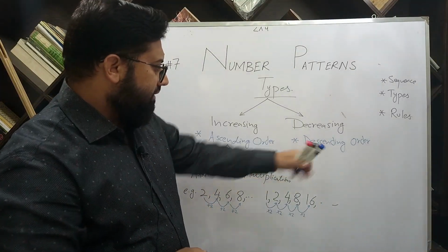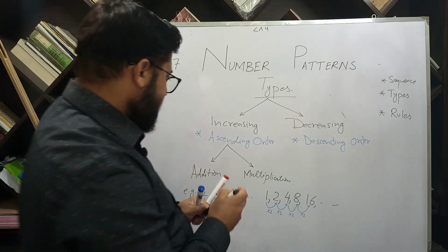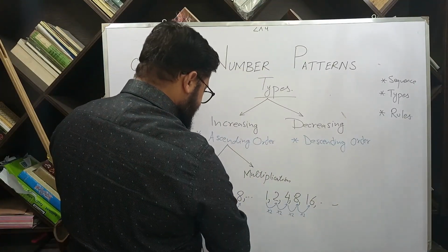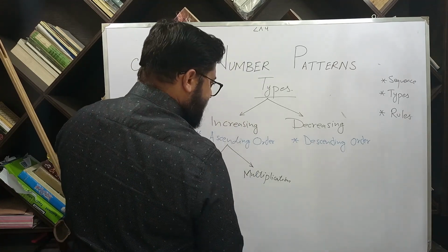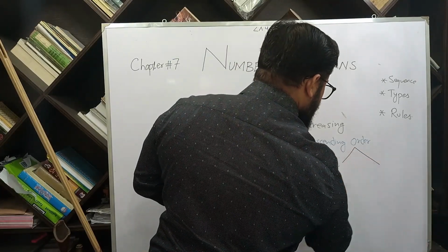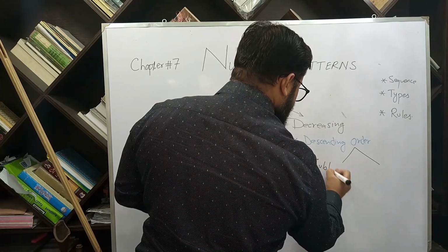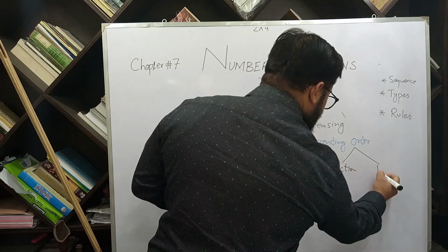Next we have to see the decreasing sequence. Decreasing sequences are also governed by two operations, subtraction and division.